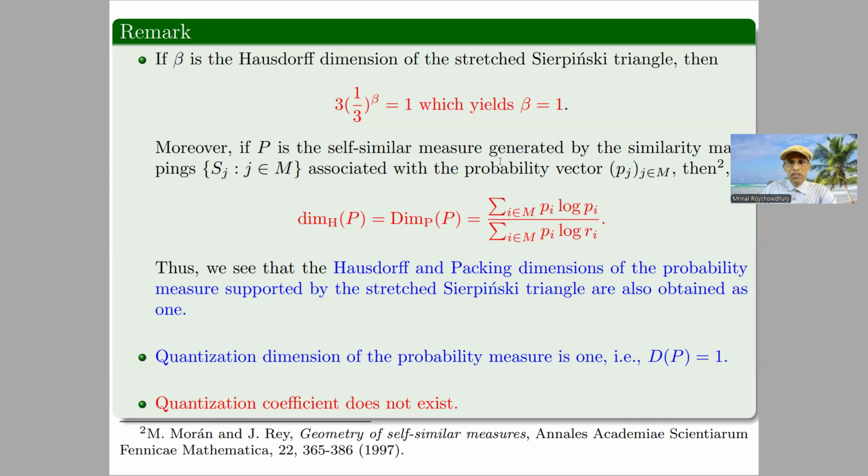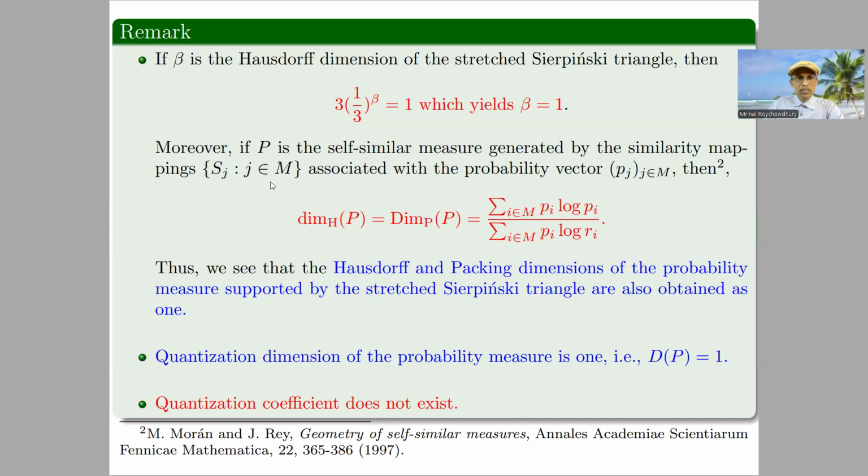Moreover, if P is the self-similar measure generated by the similarity mappings associated with the probability vector, then from the paper by Moran and Ray, geometry of self-similar measures, they showed that the Hausdorff dimension of the measure and the packing dimension of the measure are equal to this: the sum of all Pi log Pi over the sum of all Pi log Ri, where Ri are the similarity ratios of the similarity mappings Sj.